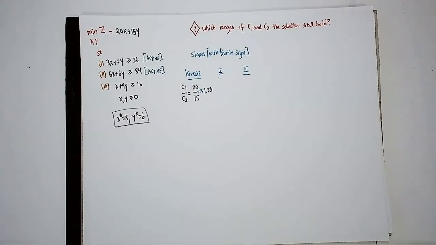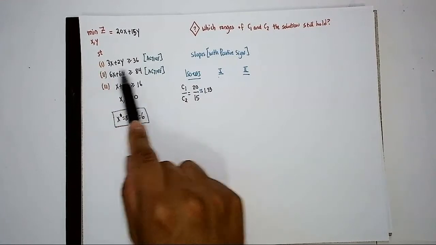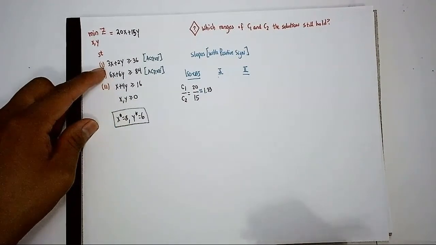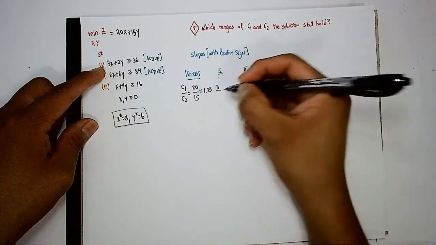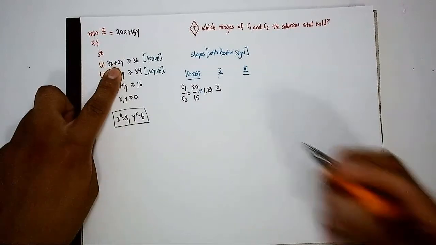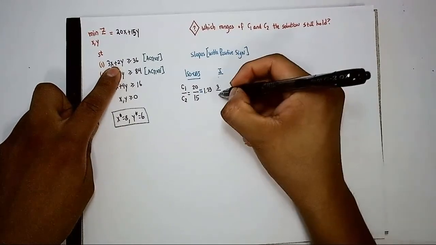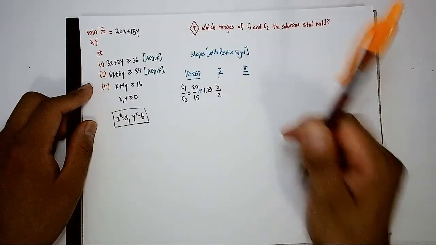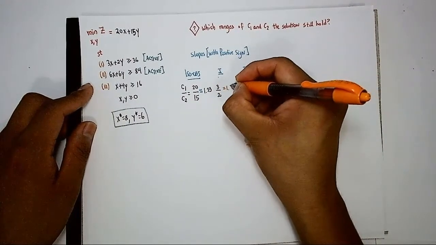The slope of the active constraint, which in this case is restriction 1, is the coefficient of x, which is 3, divided by the coefficient of y, which is 2. 3 divided by 2 is 1.5.